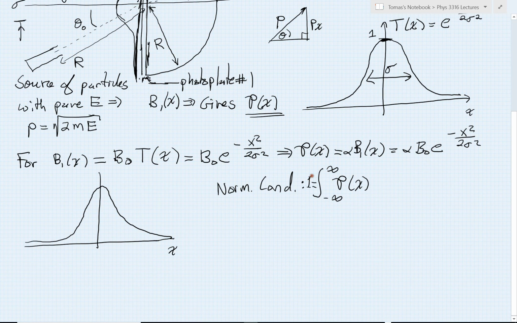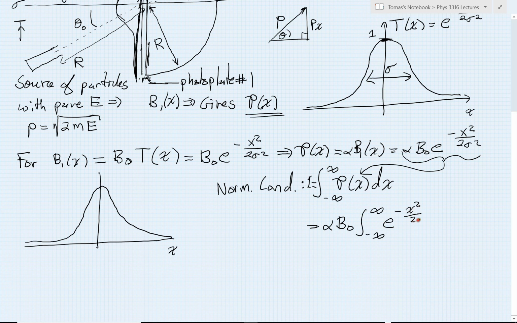So I'm now going to insert this probability distribution into here and integrate with respect to x. When I do that insertion, you will notice I have these two constant factors, which I could immediately pull out, alpha B0, and then I'm left with the integral from minus infinity to infinity of a standard Gaussian function, e to the minus x squared over 2 sigma squared, dx.